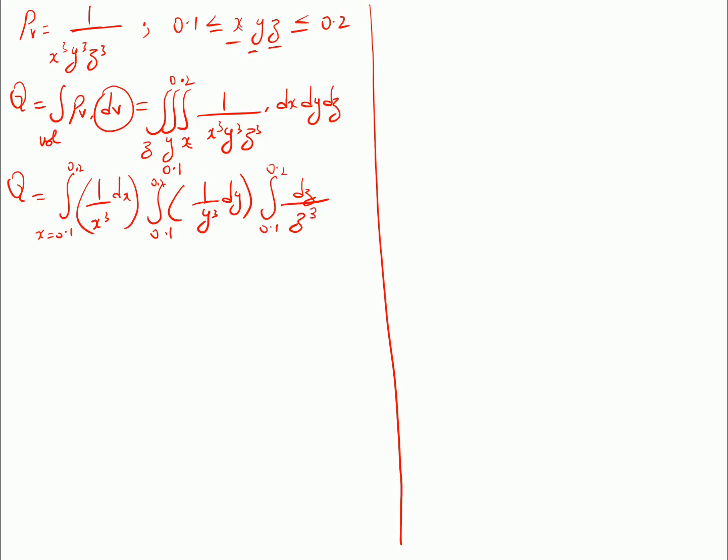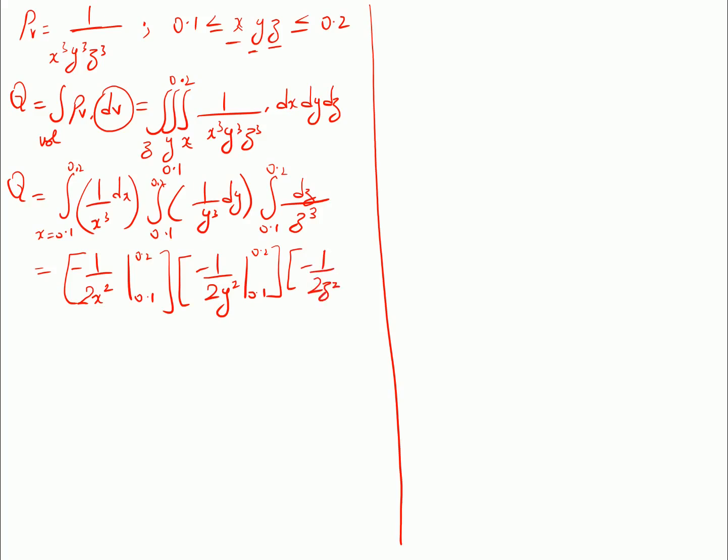Now if I integrate them individually, it will come out to be 1 by 2x square with the limits from 0.1 to 0.2. For the second one, it is going to be the same. We just replace x with y, 0.1 to 0.2. For the third one, it remains the same. We replace x, y with z, and the limits will be 0.1 to 0.2.